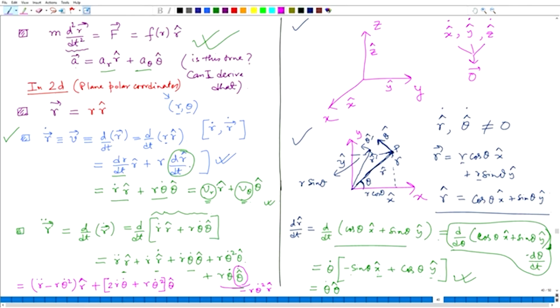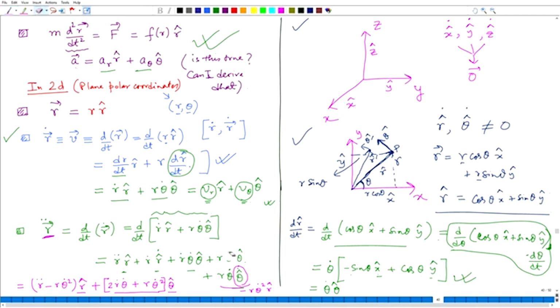Okay. So, you see that this acceleration has two parts: one along the r cap direction, and one along the theta cap direction. Now, let me take this expression, 2 r dot theta dot plus r theta dot square. I am sorry, there is an error.